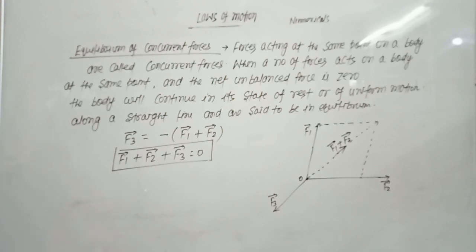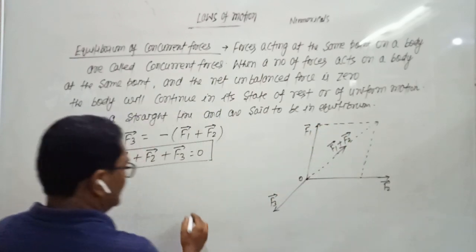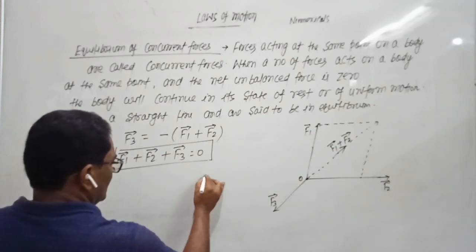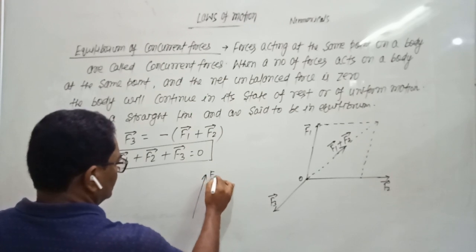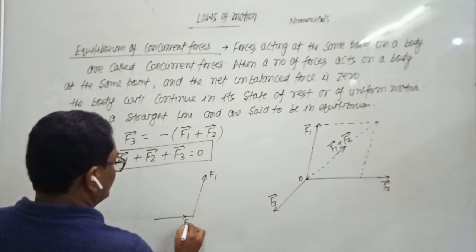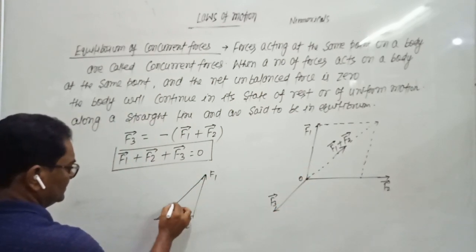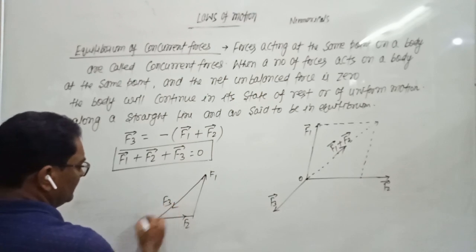This is the condition of equilibrium of three concurrent forces. So the force F1 acts in this direction, this is the force F2, and force F3 acts in a direction like this.